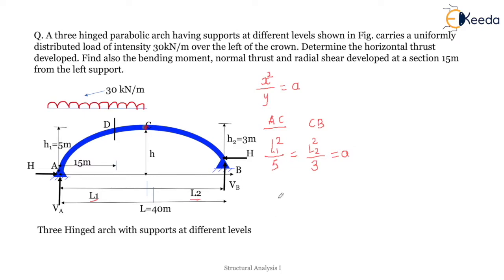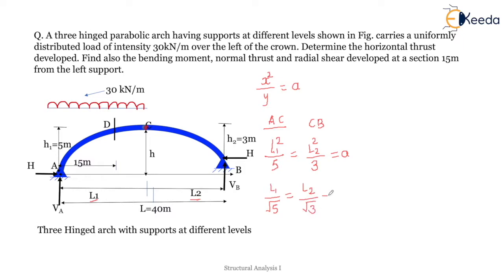Now, as we have seen in our last class, L1 square by 5 can also be written as L1 by root 5, and this can also be written as L2 by root 3.